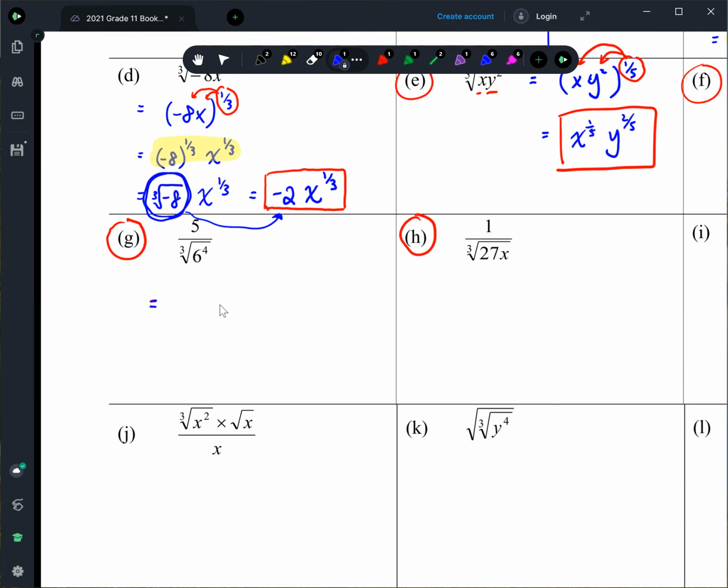Okay, Kat, do you want to try out question G? Do you have anything written down for G, Kat? Okay, what do you have? Can I write it? Yep, you can write it. And Henry, you can try H. You can put it on the screen.